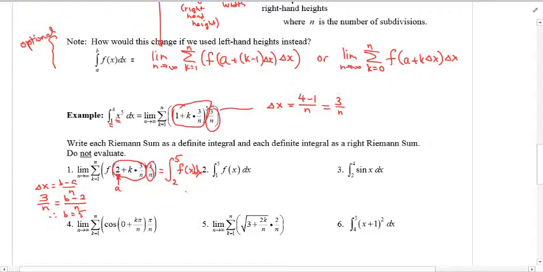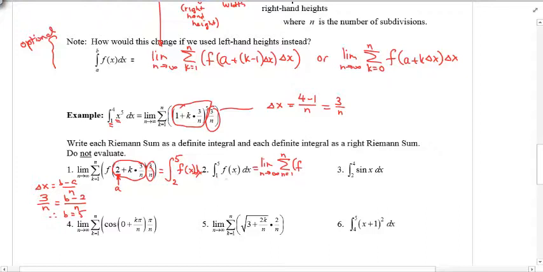Okay. Now for number 2, we're going the opposite way. So I want to write this as a limit, an infinite limit, with a sum from k equals 1 to n. And now, because I don't have a function, I'm just going to use the general form of f. But here's the thing.